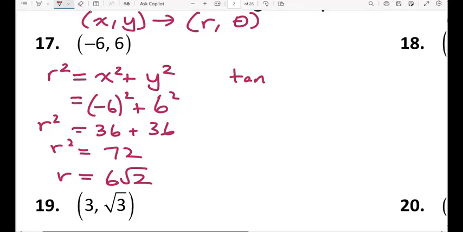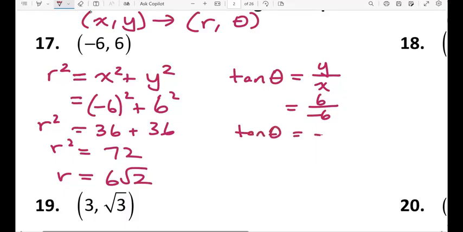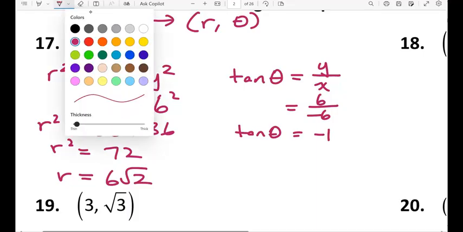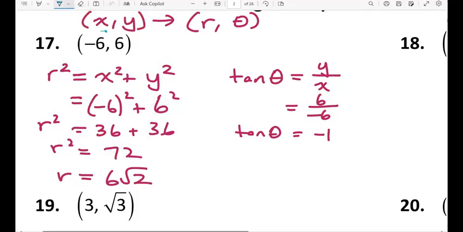To find theta, tangent of theta is equal to y over x, and that's 6 over negative 6, which is negative 1, so tangent of theta is negative 1. We know that tangent is negative whenever we're in quadrant 2 or 4. In order to narrow it down, we have to ask ourselves where this original point was.